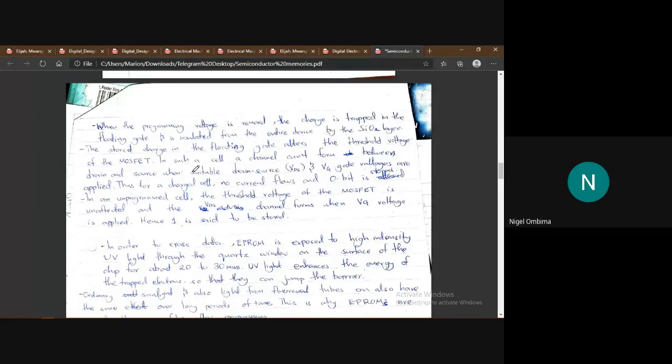In such a cell, a channel can't form between the drain and the source when suitable drain-source voltage VDS and gate voltages are applied.